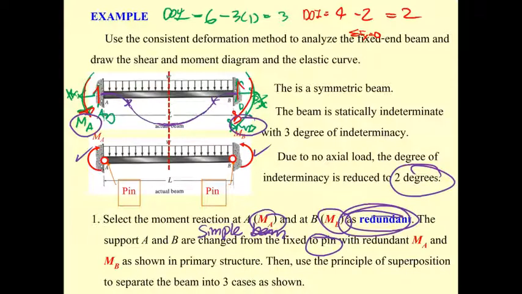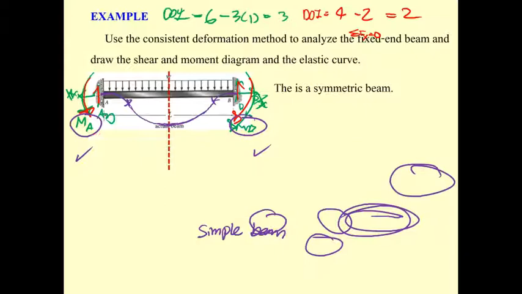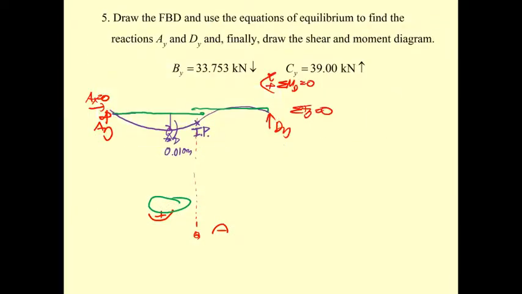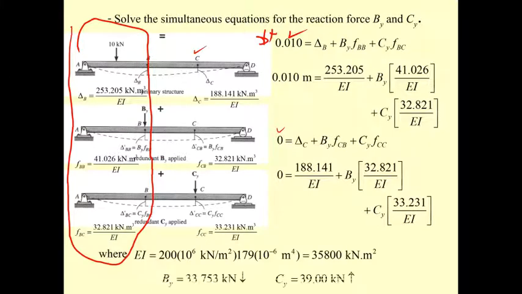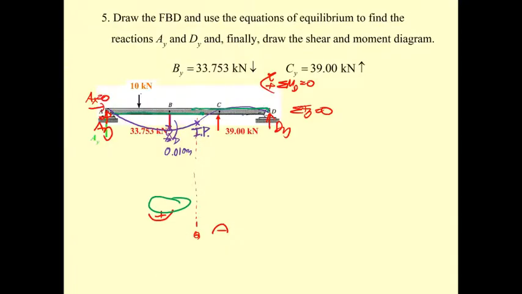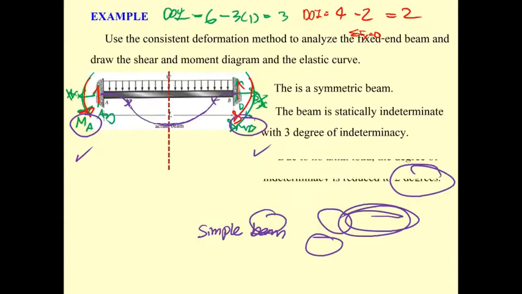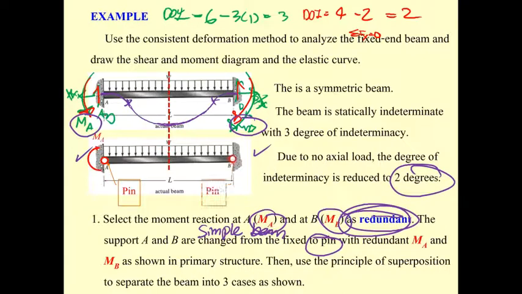So don't worry about that. The same thing occurs at this point when we determine this. Actually, our B sub y and C sub y will adjust their direction. So beware of it.